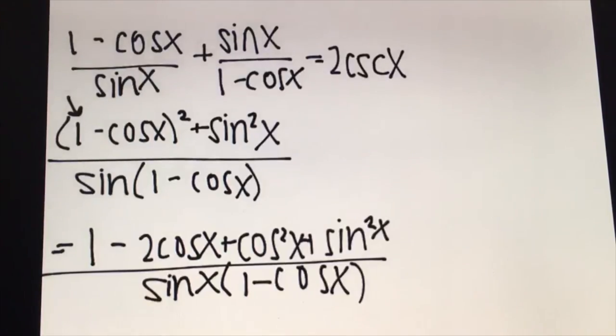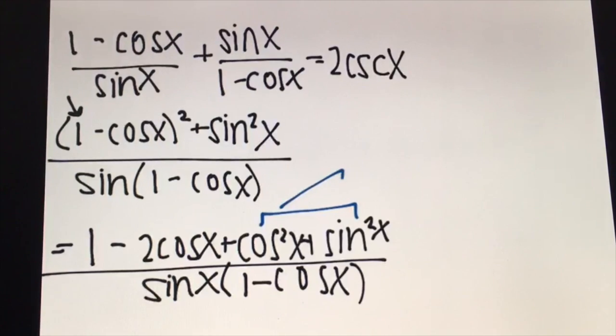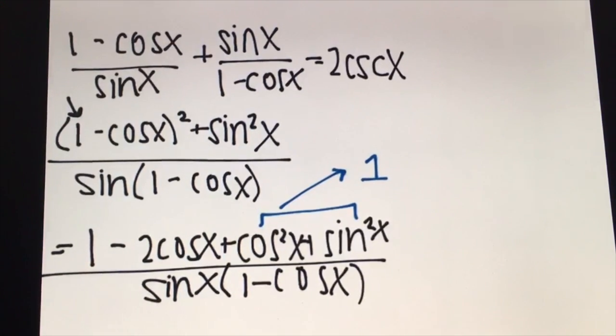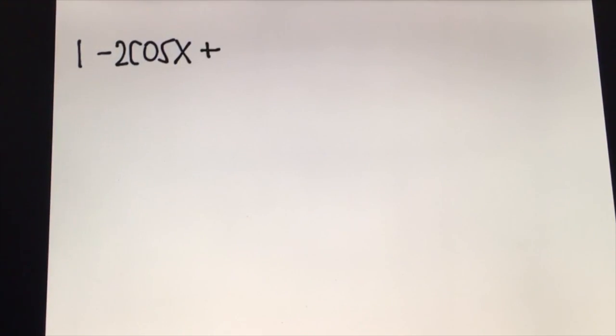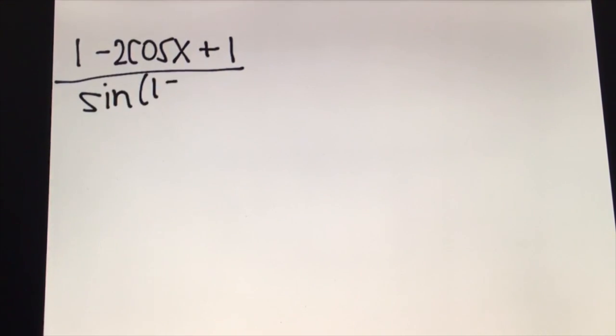So then, we're going to simplify. This right here is a Pythagorean identity. That equals 1. So, for our next step, we can do 1 minus 2 cosine of x plus 1, divided by sine of x times (1 minus cosine of x).